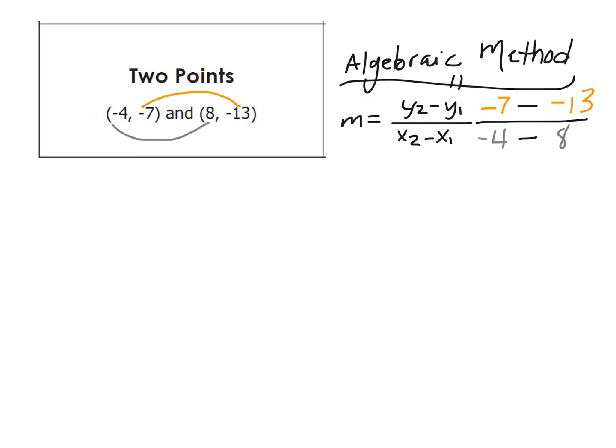Okay. -7 plus 13, okay, because those two negatives right there will give me a positive 6 on top. -4 minus 8 is going to give me a -12 on bottom, which does reduce to a -1/2. So that's my slope.